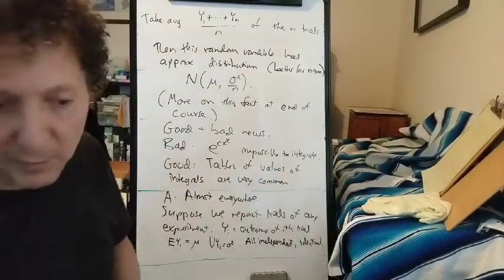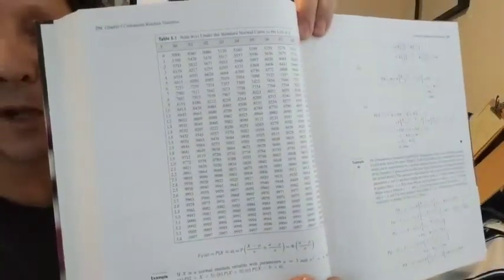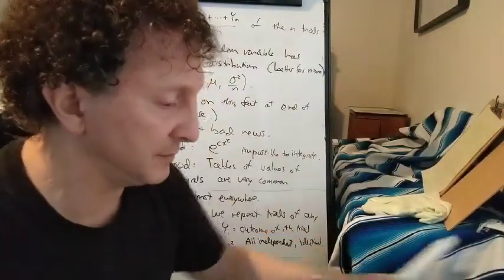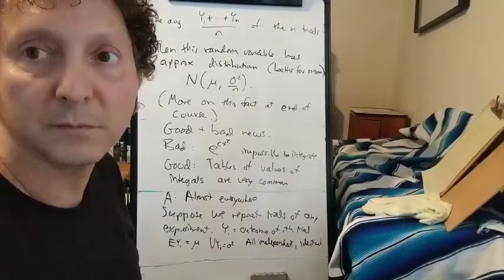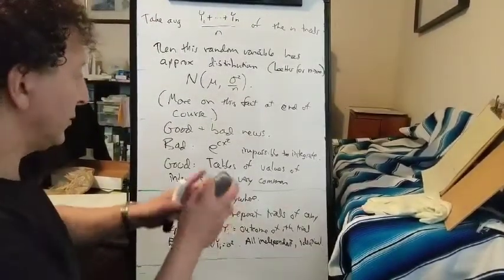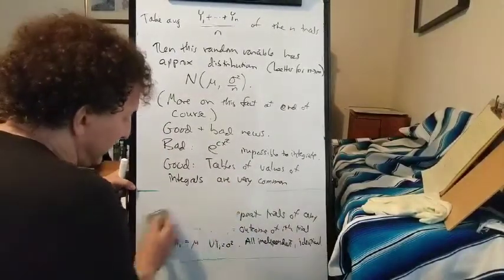You can look them up in any probability book. In our textbook, they're on page 204. So you've got a big table of numbers like this. So we can't integrate, but we never have to. We just look things up in a table.